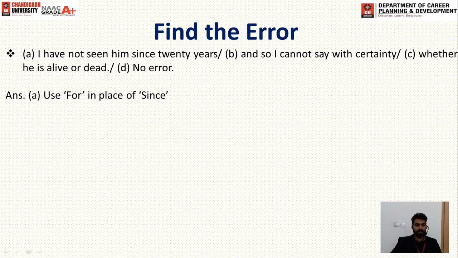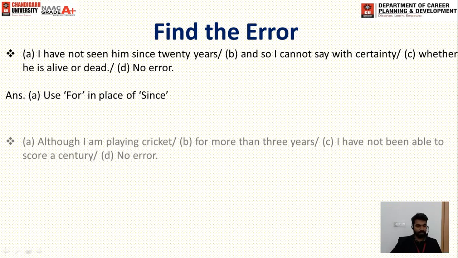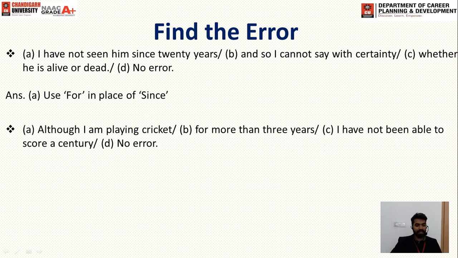For example, if I had written this sentence as: I have not seen him since 1950, then it would have made sense. But since I'm talking about 20 years, which is a time duration, I'll use for instead of since.